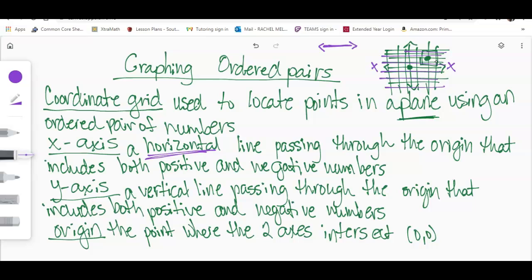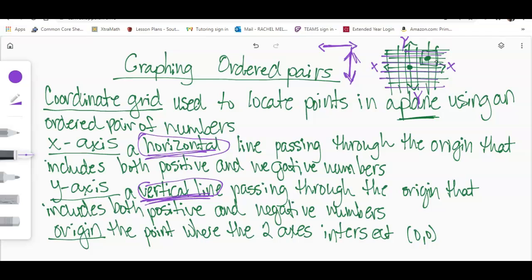Then we have a y-axis. A y-axis is vertical, meaning up and down. So this is the y-axis. Notice that both of those definitions are exactly the same except for these words. So those words should definitely be underlined, circled, highlighted, something in your notes so you can set those apart from each other.